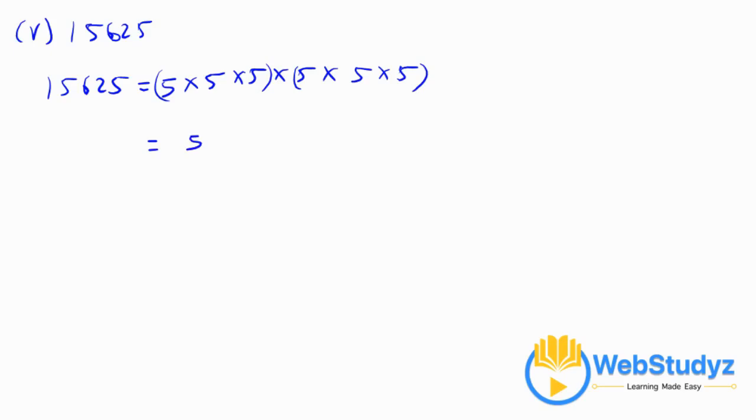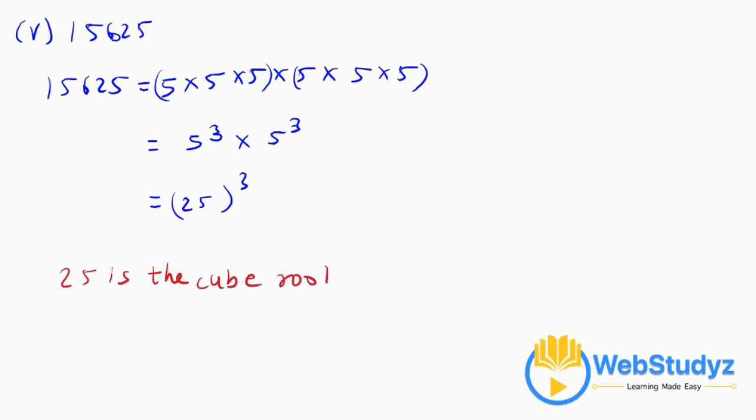So this can be written as 5 to the power 3 multiplied by 5 to the power 3, which will further equal 25 to the whole power 3. That means we can write from here that 25 is the cube root of 15625.